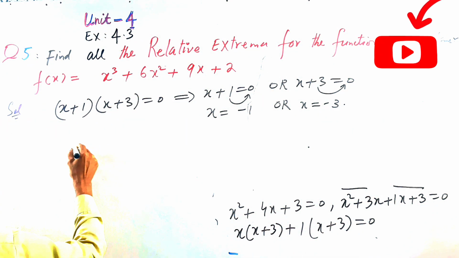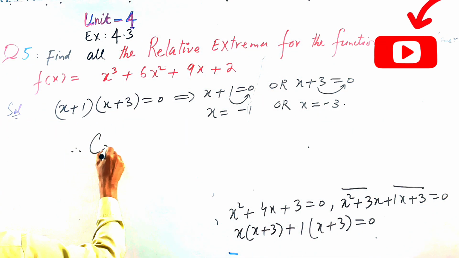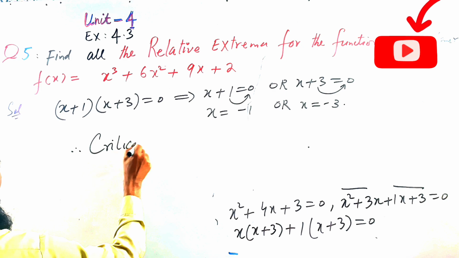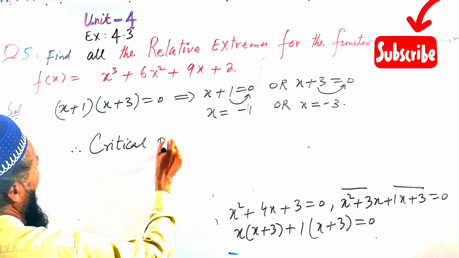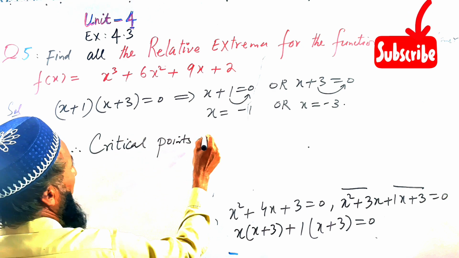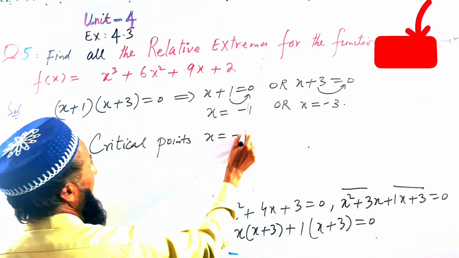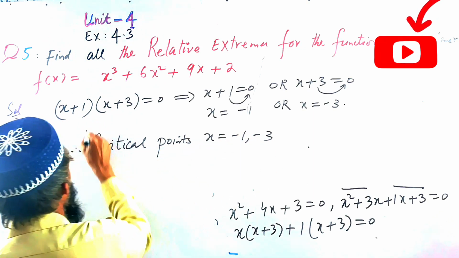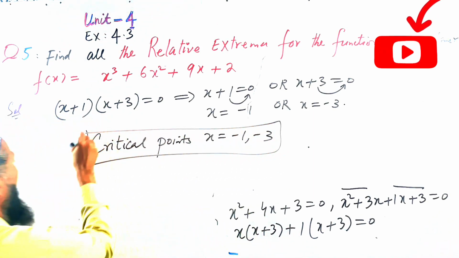So the critical points are x = -1 and x = -3.